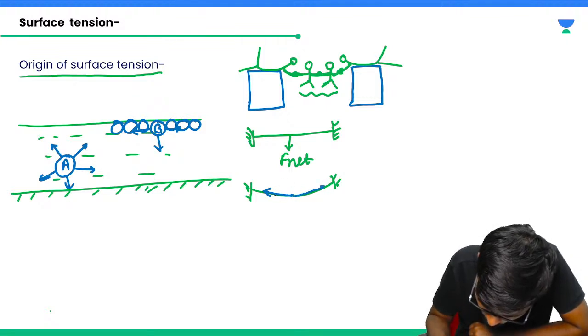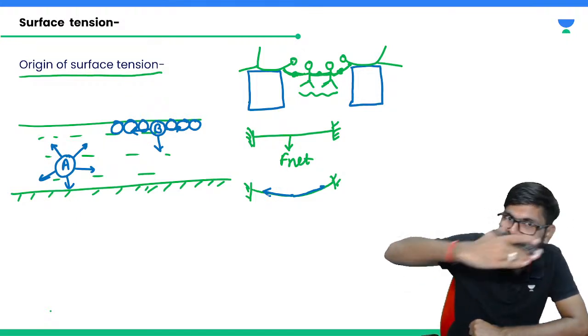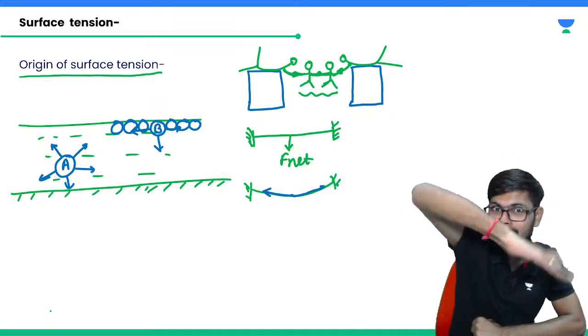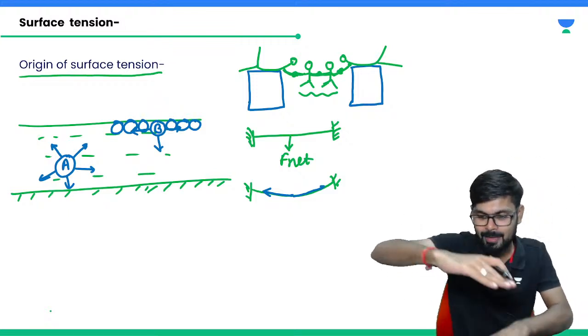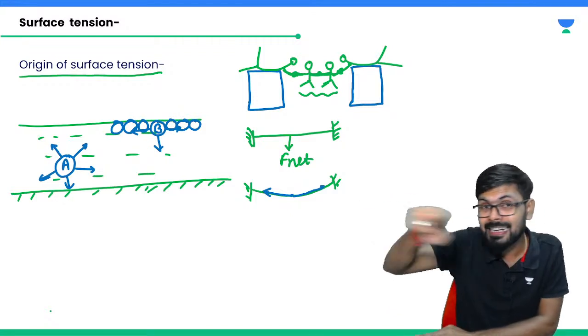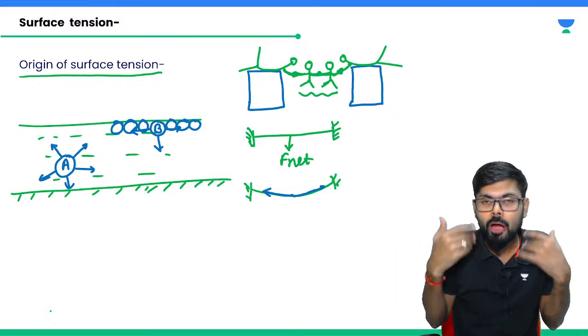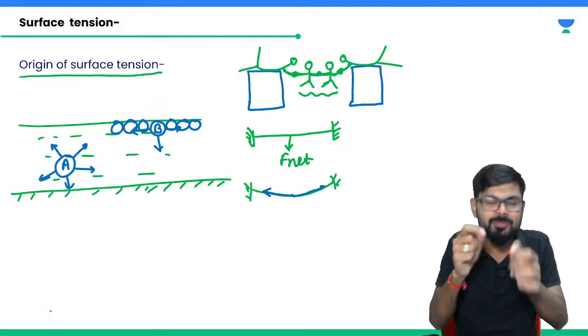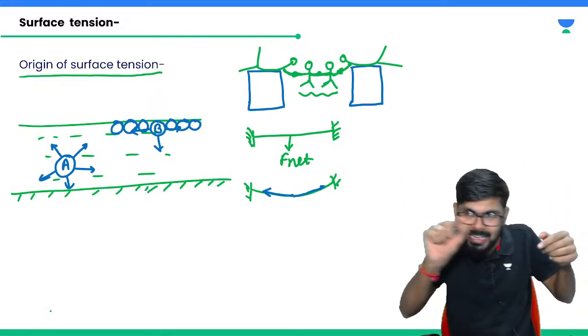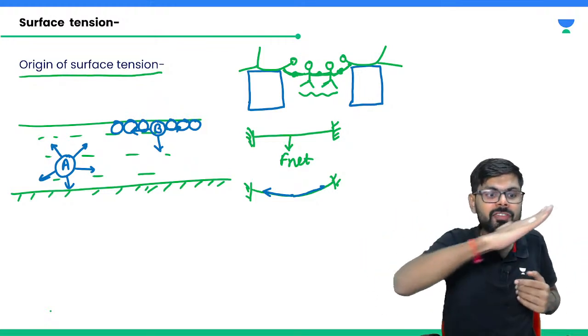So one component of the tension, one perpendicular component of this. The surface is not actually perfectly horizontal. You will not be able to visualize it because that angle is very, very small, but actually it is slightly like this.